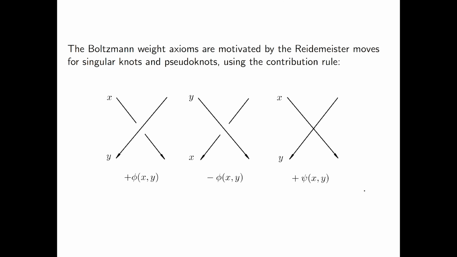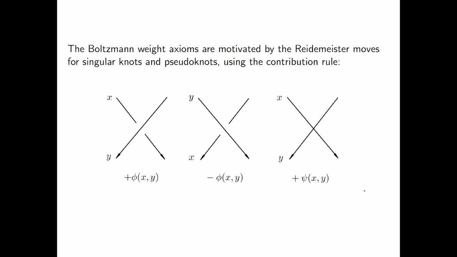And then at a pre-crossing or a singular crossing, we're going to be assigning this new weight function that we're calling psi. And we're going to be plugging in x and y, and these are the colorings on the semiarcs on the left. So these are our weight contribution rules that we're going to be following.